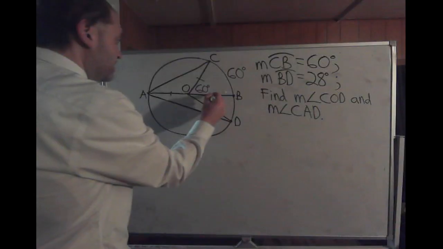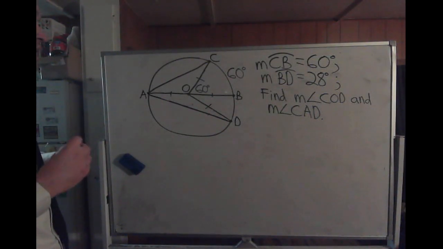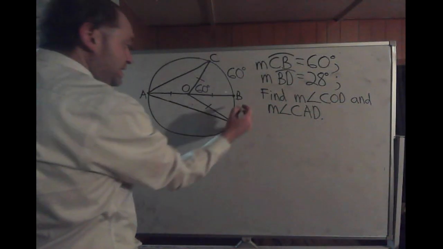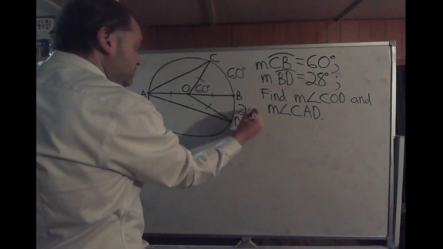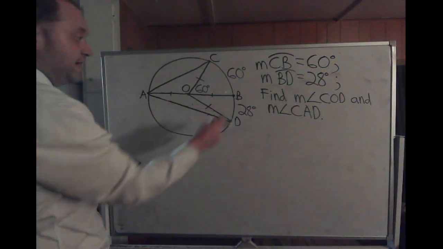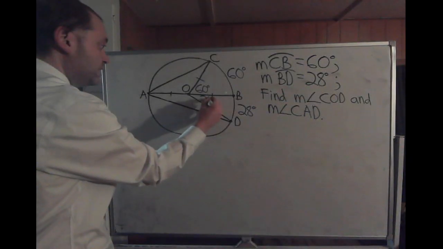All right. Actually, I want to keep that one on there for a reason, but okay. And then we know that the minor arc BD has a measure of 28 degrees. Which means that the measure of angle BOD, being the central angle, would also have to be what? 28 degrees.